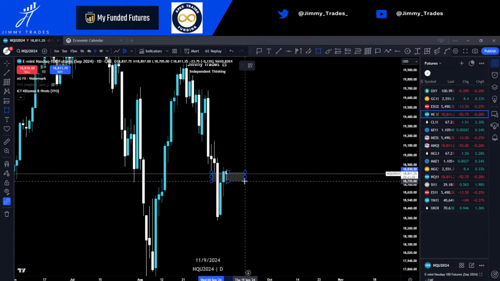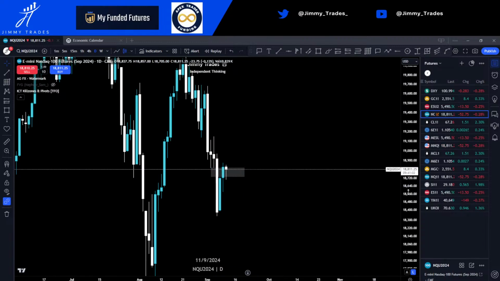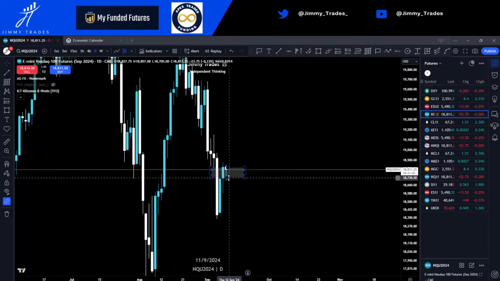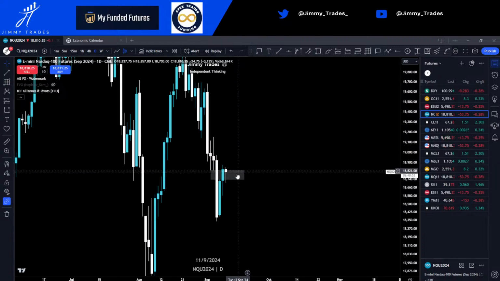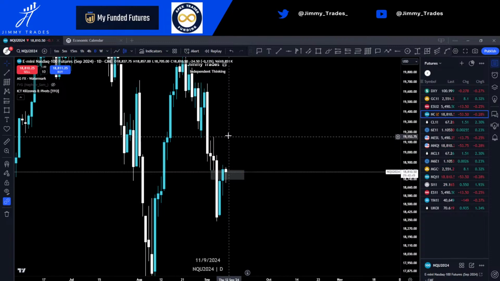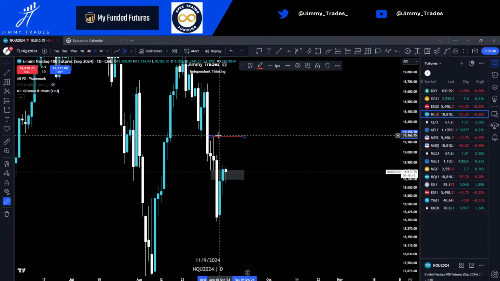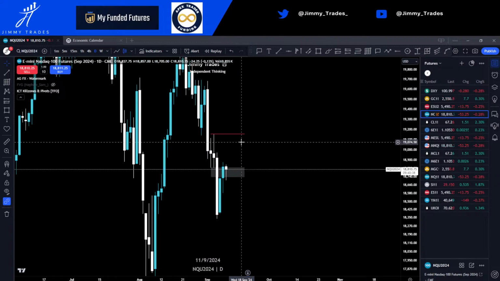We can see price has closed through this bearish FVG. Because we've closed through that, we have disrespected that bearish FVG. I would be looking for price to move to the next area of liquidity, which will be this swing high that's also aligned with this bearish FVG here.